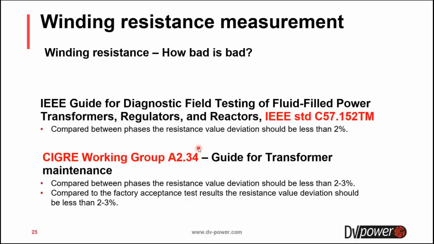Compared to the factory acceptance test result, the resistance value deviation should be less than 2 or 3%. But sometimes we must consult the manufacturer of the transformer and see what the transformer was like when it was made at the factory.